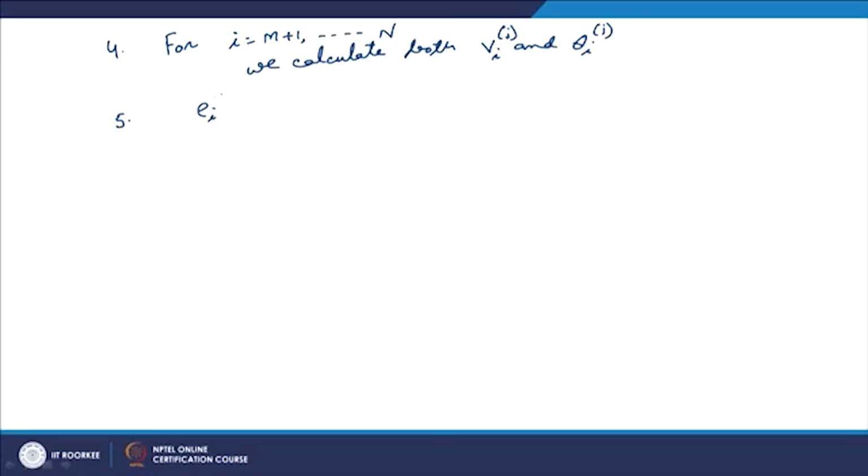Then we calculate E i j as the magnitude of the complex quantity V i j minus V i j minus 1, for all i equal to 2, 3 to n.